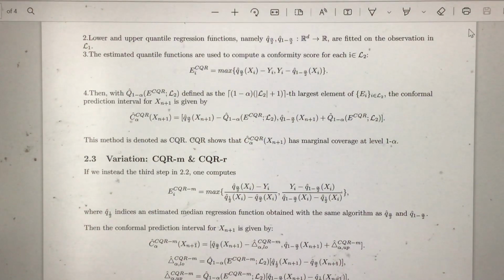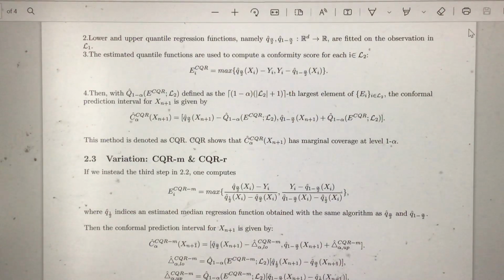This method is denoted CQR. The CQR has marginal coverage at level 1 minus alpha. Okay, so this is the basic CQR method.